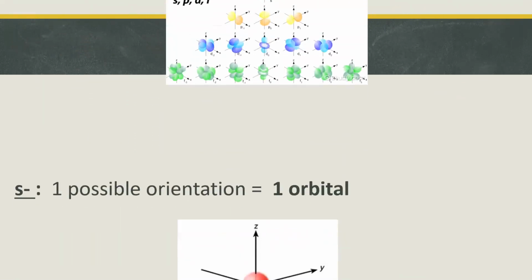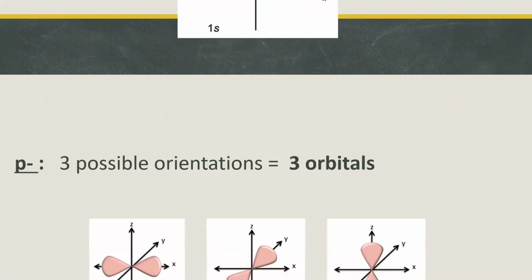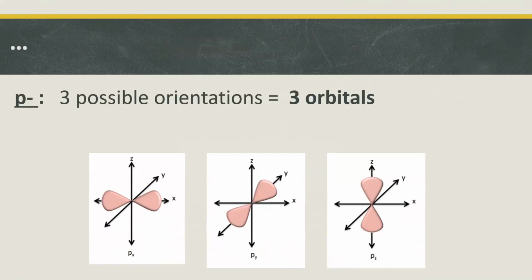Sublevel s has one possible orientation. Remember, s is a sphere. It doesn't matter which direction you turn that circle, it's going to look exactly the same. So therefore, it only has one orientation and one orbital. So s has one. p is like a dumbbell. So there's three possible orientations.